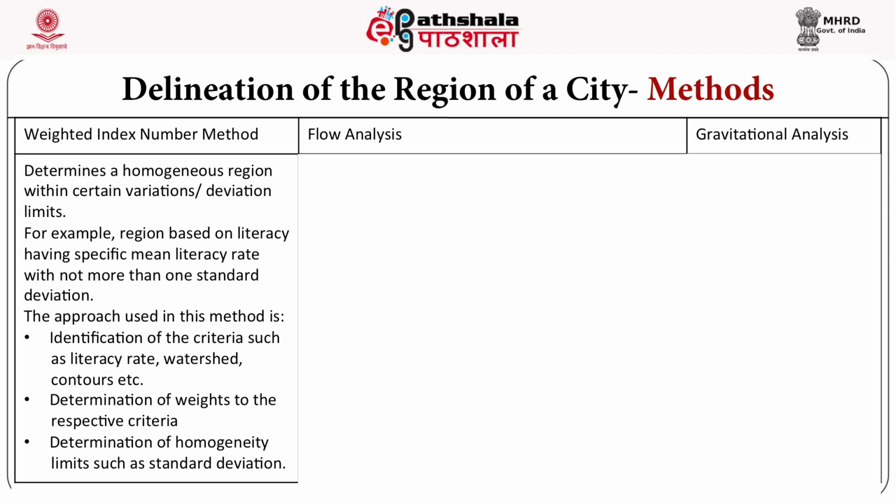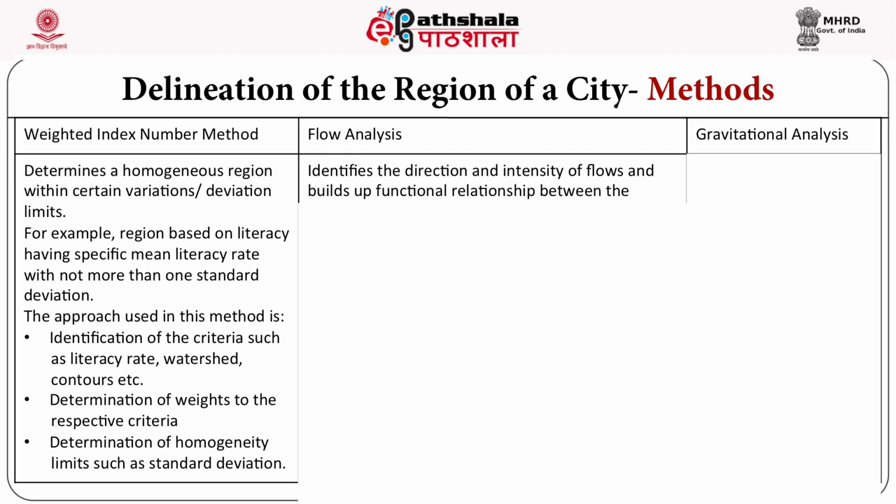Is it a hilly area, or is it a coastal area? What sort of characteristics do you have? Is it predominantly an agriculture area? Based on this, one uses this. Next we come to the flow analysis, which identifies the direction and intensity of flows and builds up functional relationships between the center and the surrounding satellite towns.